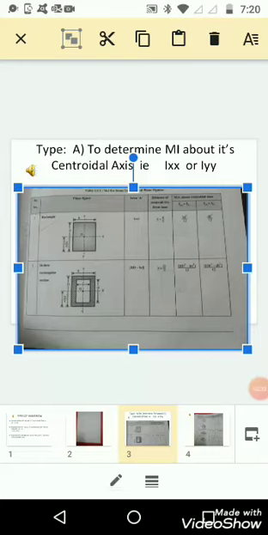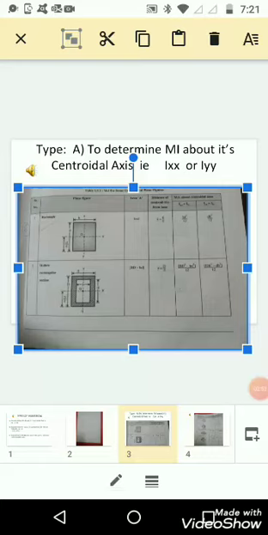So here the center point is obviously the midsection. If you look at D, so half of D, D by 2. If you look at B, half of B, that is B by 2 from any one end. So here they have shown D by 2 from base.